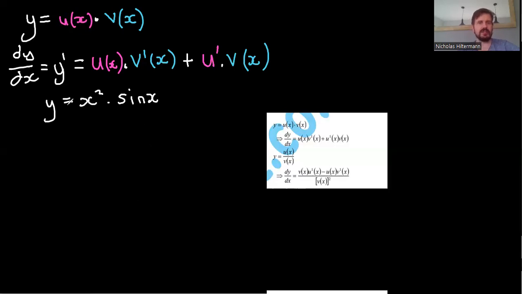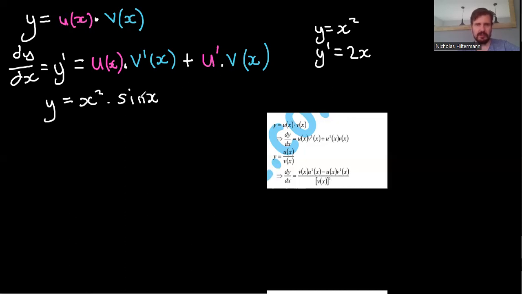So you get given an equation where you've got two things, x squared and a sine x. Well, let's just say that we had y equals x squared. We know the derivative of x squared is 2x, right? We take one off the exponent and we times the front by the exponent.